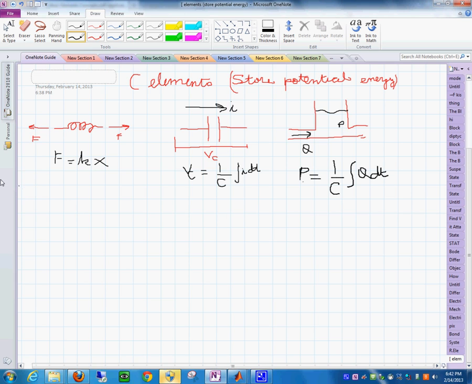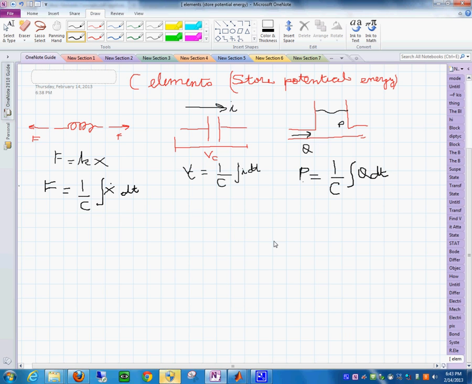Let's just write the mechanical one also. C is the compliance, so we could do 1 over C, the integral of x dot dt, see? And now we have all three the same.